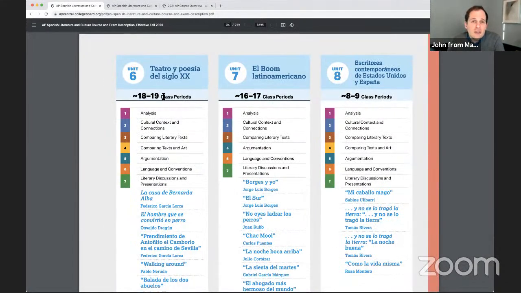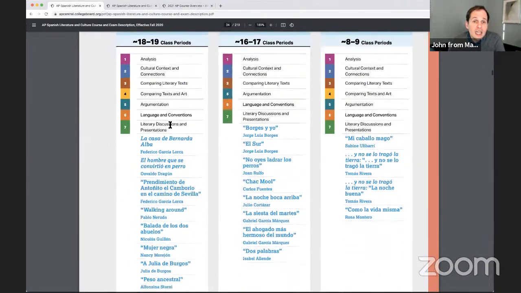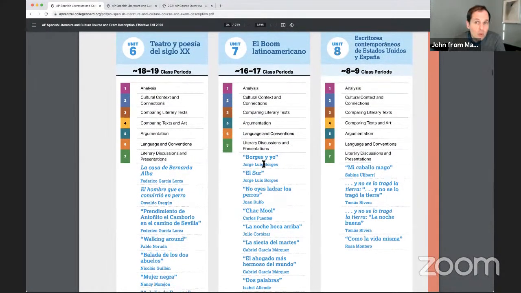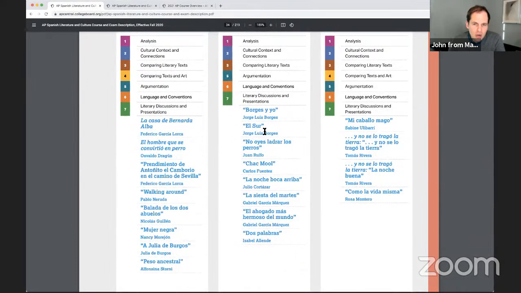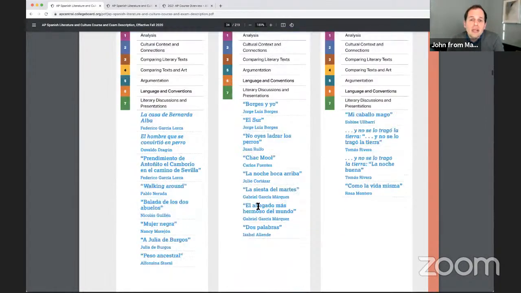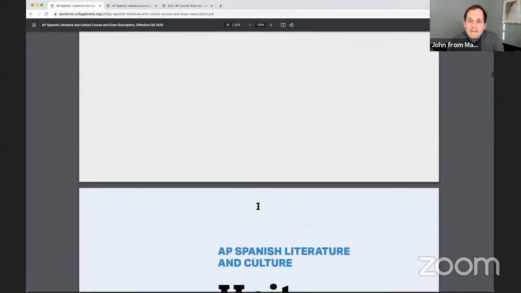Then you'll see a lot of focus on the teatro y poesía of the 20th century, including Federico García Lorca, Pablo Neruda, Julia de Burgos, and a few female authors that they've highlighted here. We get El Boom Latinoamericano, which gets a lot of attention: Jorge Luis Borges, Juan Rulfo, Carlos Fuentes, Julio Cortázar, Gabriel García Márquez, and Isabel Allende. And then in Unit 8, contemporary writers. And that finishes the curriculum.